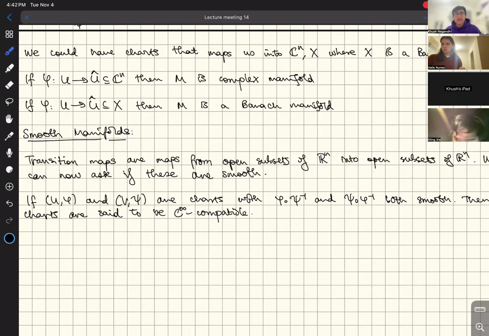Okay, is there any question about this definition? Because this is one of the most central ideas in all of smooth manifolds. This is a very, very important definition. C infinity compatible. So are there any questions?